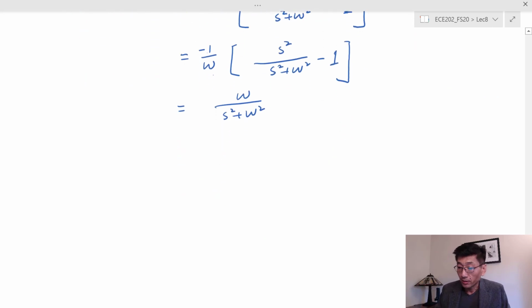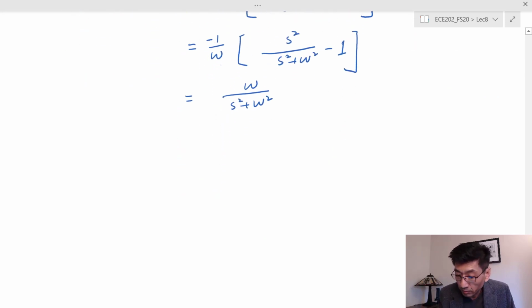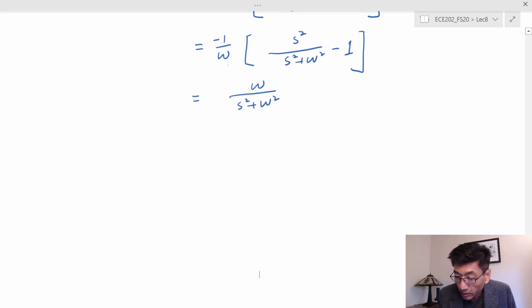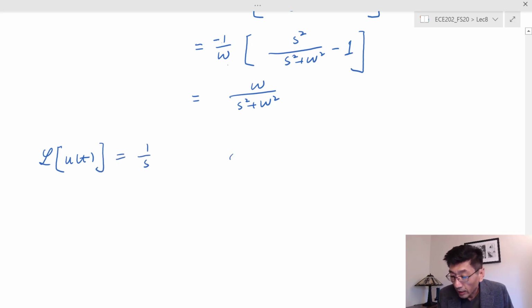Another example is, let's see, we did the derivative property. Let's see the u(t). We know the translation property. Well, this guy here is 1 over s, right? And delta t, another way of thinking about delta t is that it's just the derivative of u(t) over time.